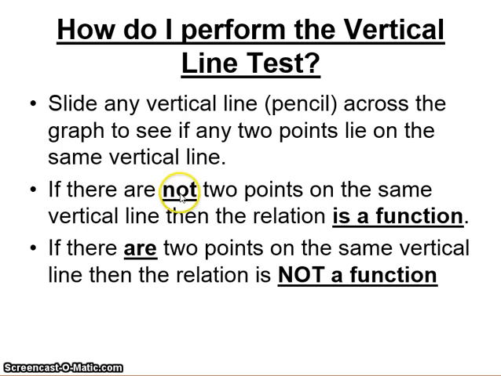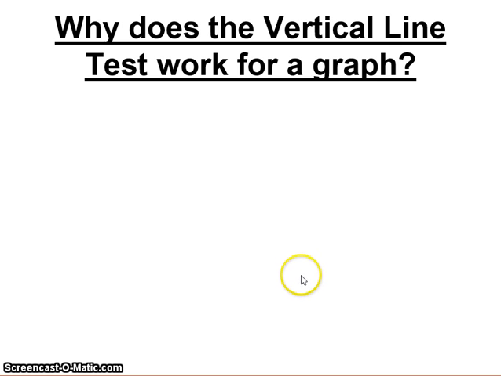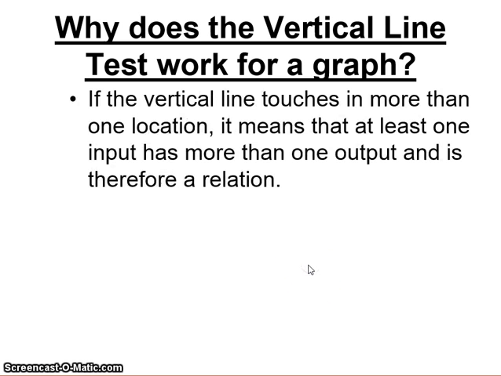If there are not 2 points on the same vertical line, then the relation is a function. If there are 2 points on the same vertical line, then the relation is not a function and therefore just a relation. So why does this vertical line test work?